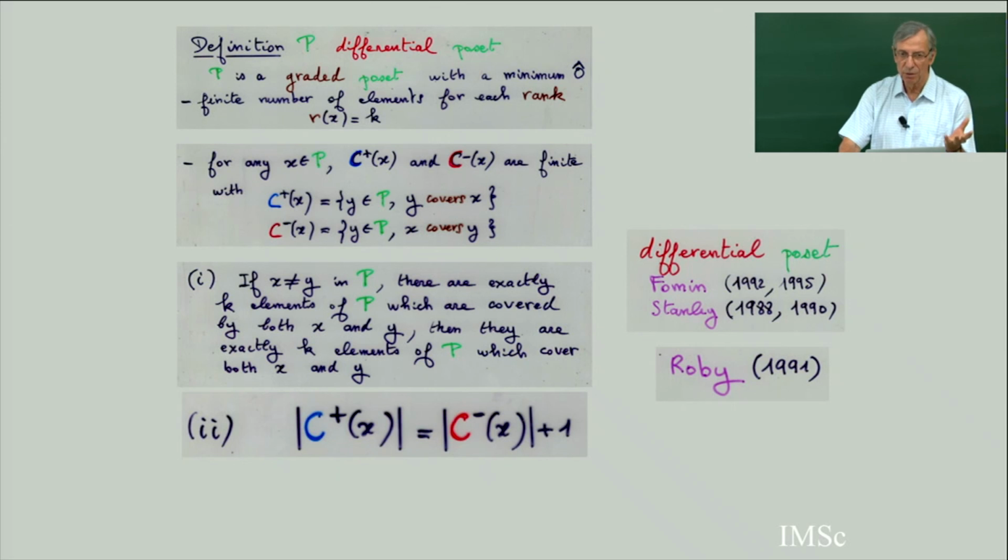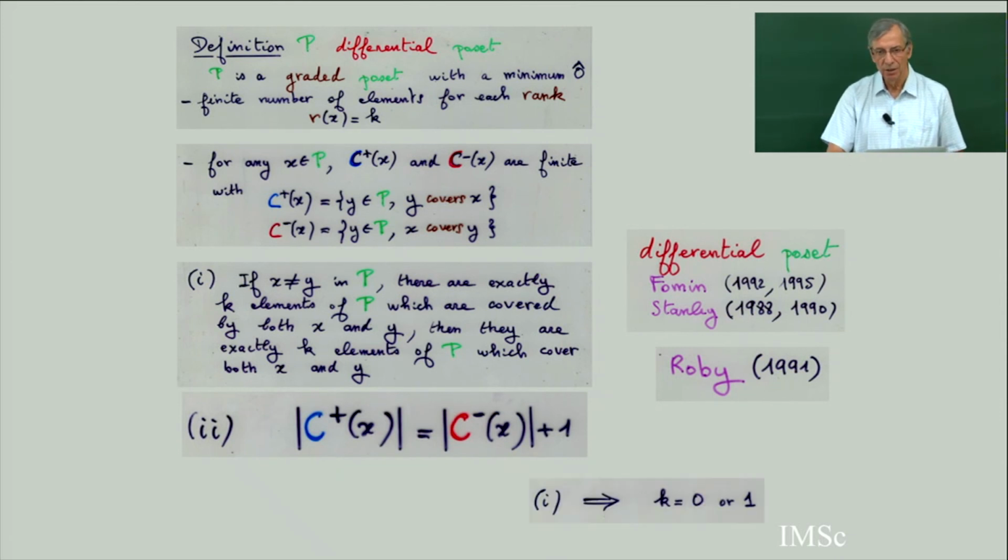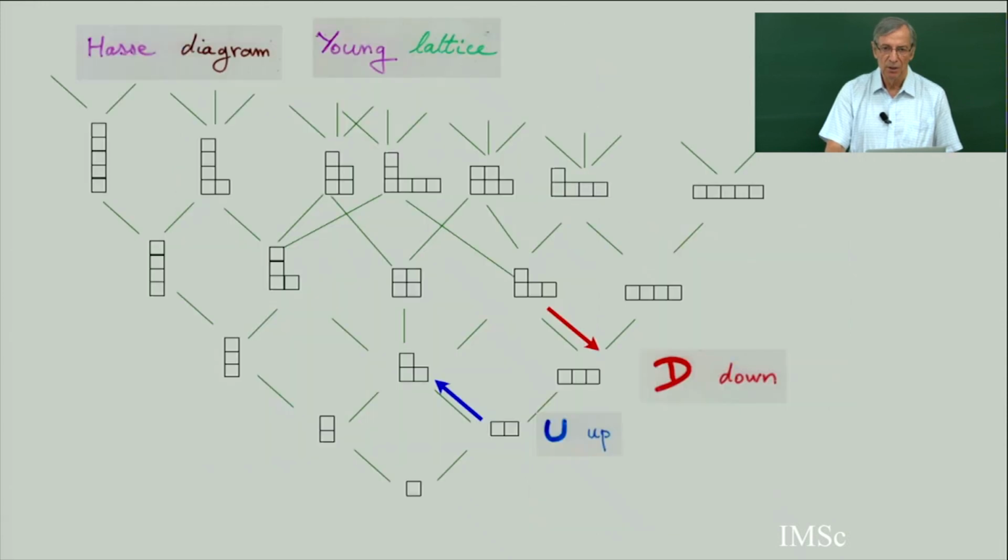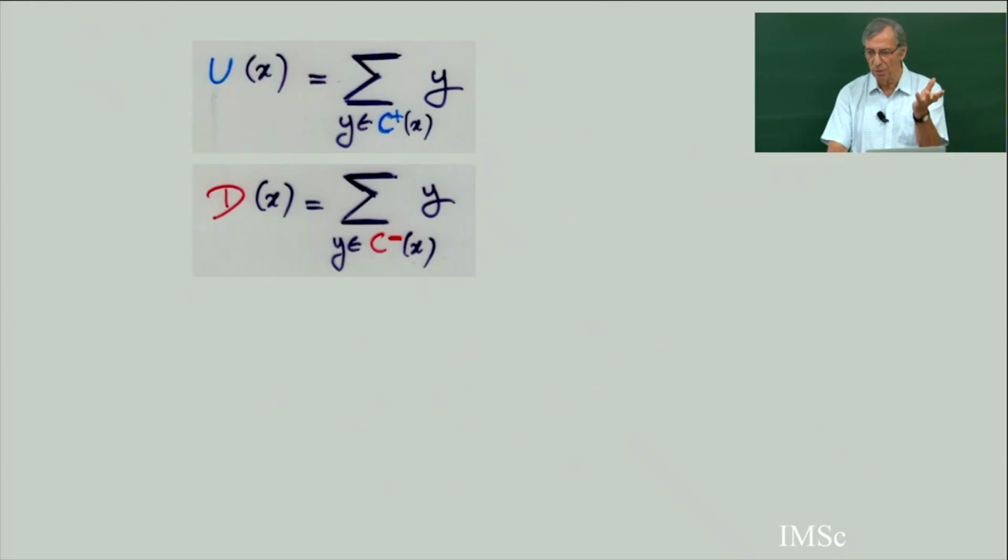And in fact, there is a whole theory by Fomin, Stanley, Roby of differential posets. In a differential poset, the U operator takes the sum of all the elements of the poset above x, and the D operator takes all the elements below.